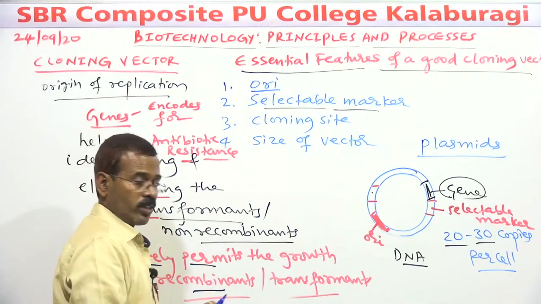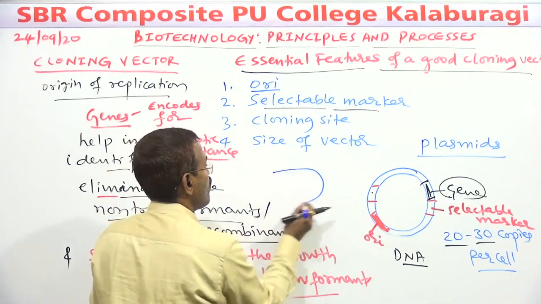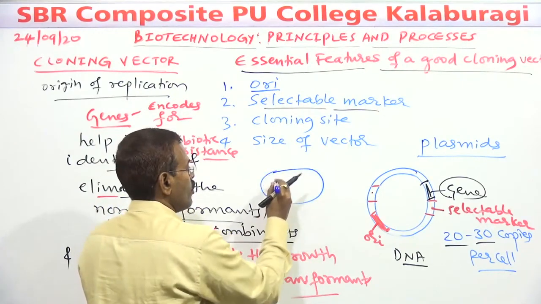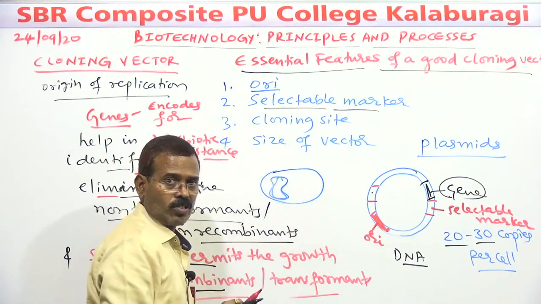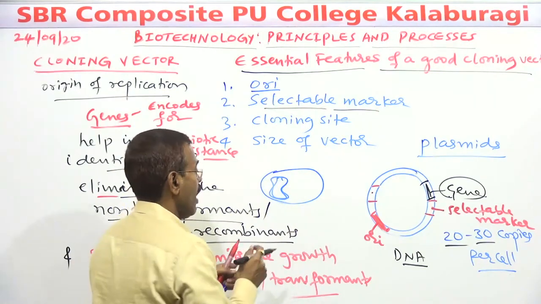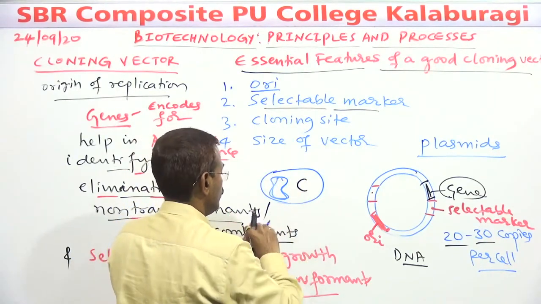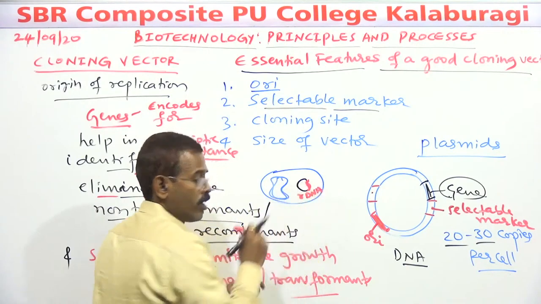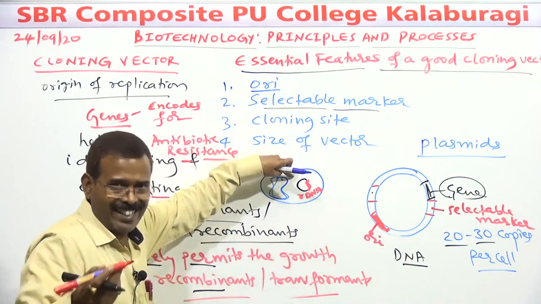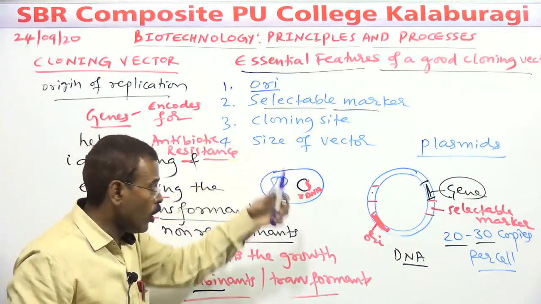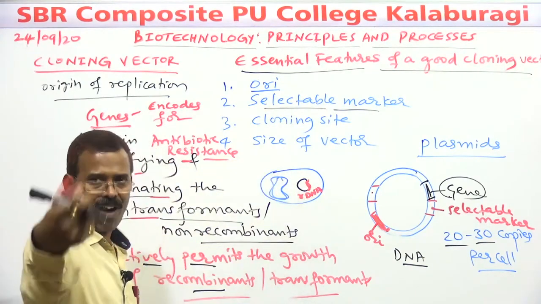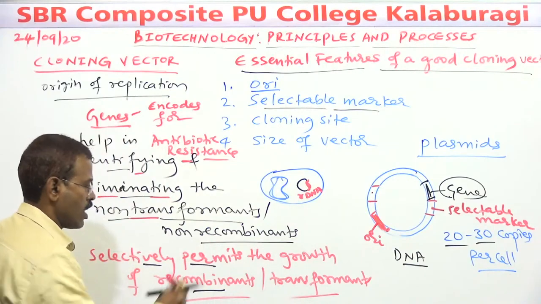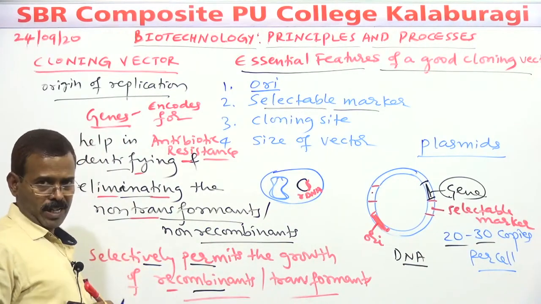Selectively permitting the growth of recombinants means, suppose this is the bacterial cell, this is the host chromosomal DNA, naked DNA, and here you have recombinant DNA. The host cell, the bacterial cell or any other cell which has recombinant DNA or foreign DNA in it, that is a recombinant or transformant.